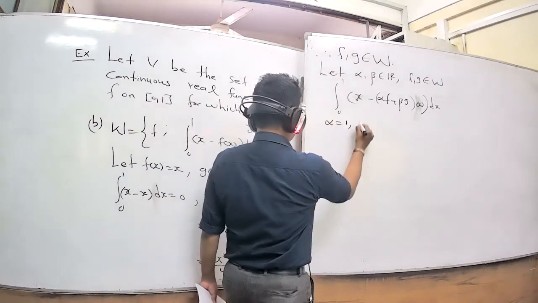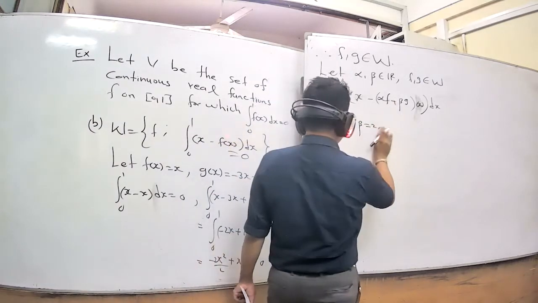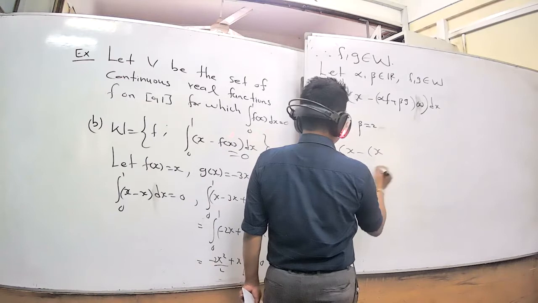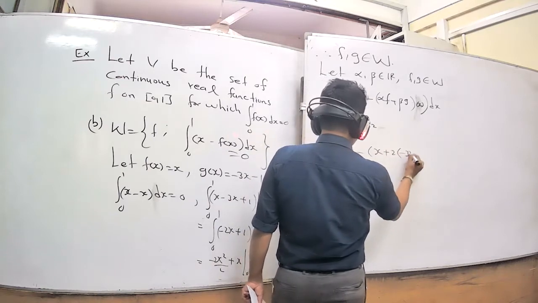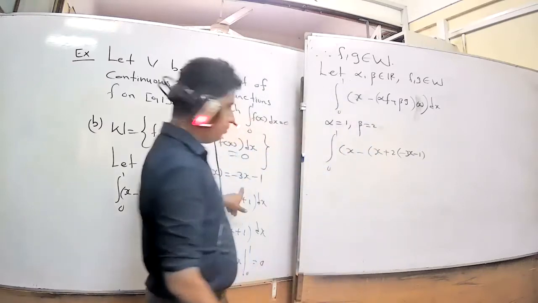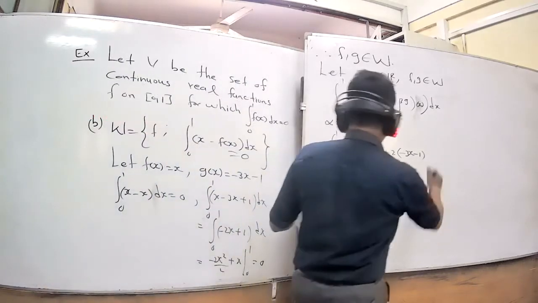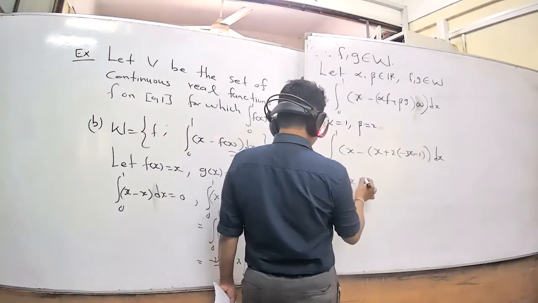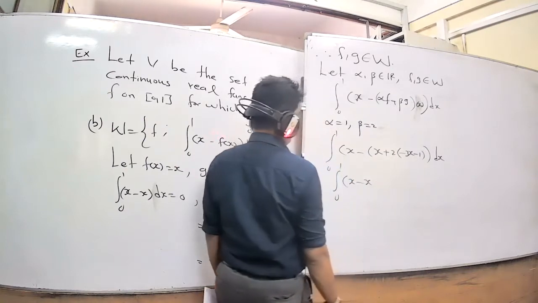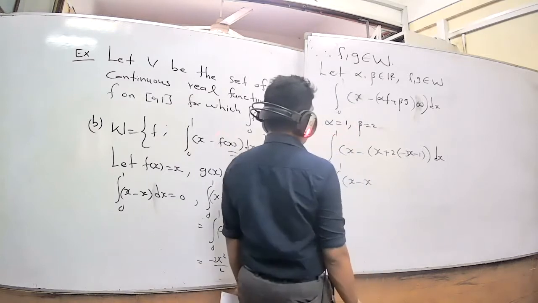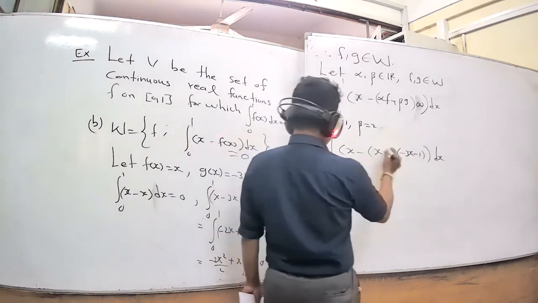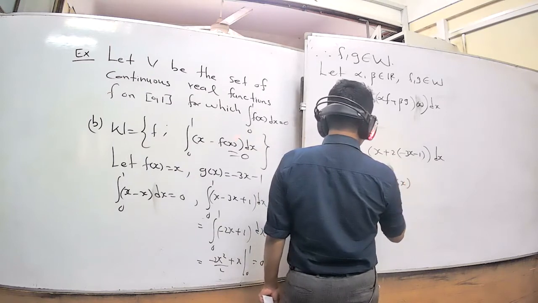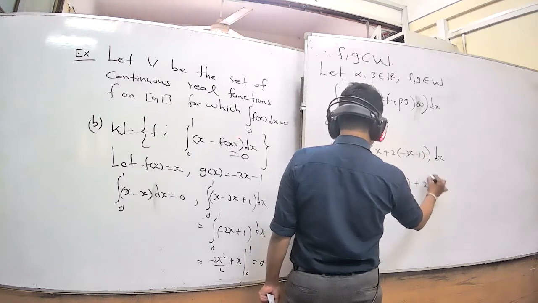I use alpha 1, beta 2, with f and g as given. Then what is the integral? Alpha is 1, so f is x, and beta is 2 times (minus 3x minus 1). So the integral from 0 to 1 of (x minus x minus 6x minus 2) dx, where the x terms cancel, then the integral from 0 to 1 of (6x plus 2) dx.